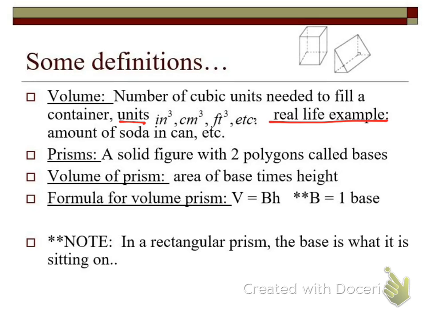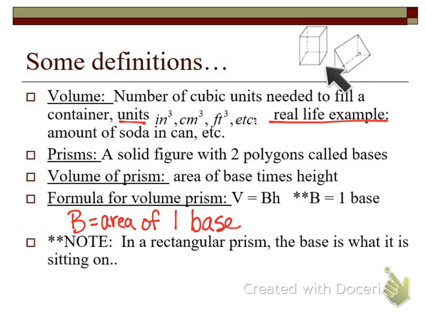Capital B, we need to write down. Capital B stands for the area of one base. So usually little b is like the length of a base. Capital B is talking about the area of one base.